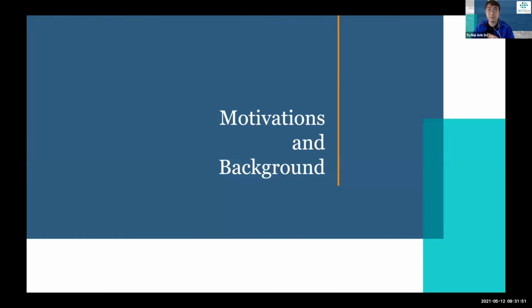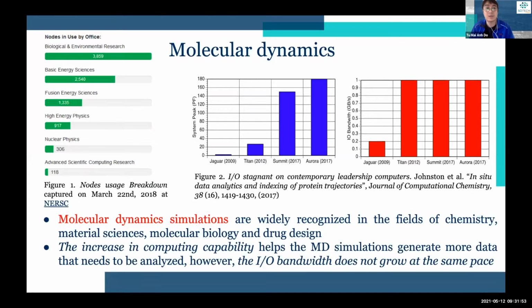Okay, so for the motivation and background, basically this work starts from a domain-specific application, that is the molecular dynamics simulation. Molecular dynamics simulation is one of the very popular simulations nowadays that emulates the atomic interactions of a molecular system that evolves over time.